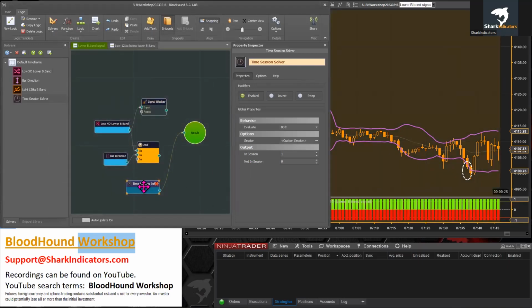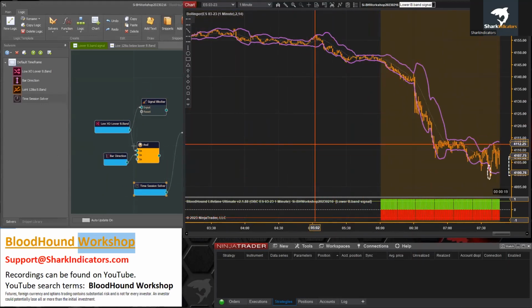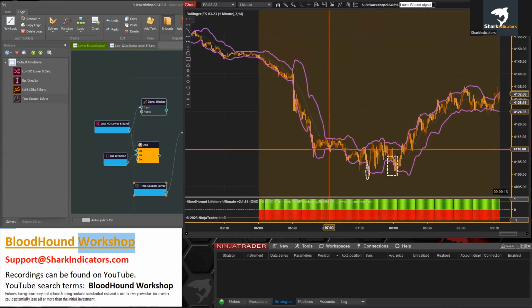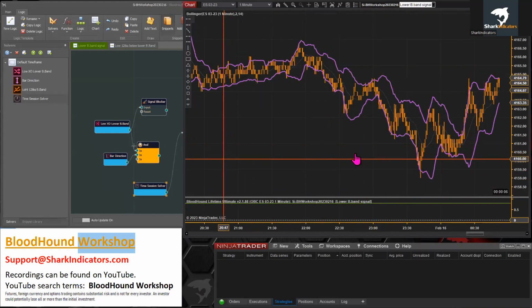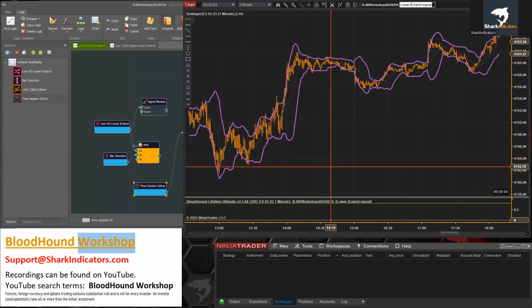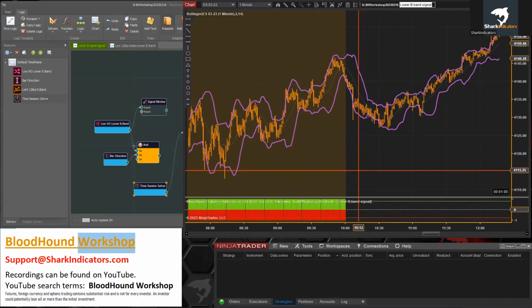If I look at this solver here, the solver turns on when that bar is inside the period you set up. So there's no output during the overnight session.